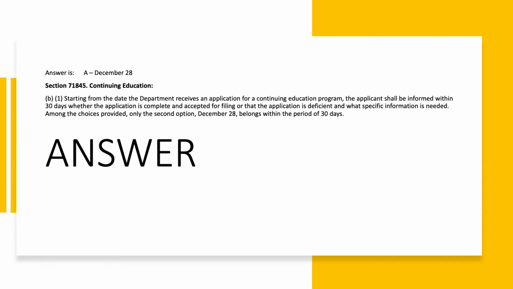Under B1, starting from the date the department receives an application for a continuing education program, the applicant shall be informed within 30 days whether the application is complete and accepted for filing, or that the application is deficient, and what specific information is needed. Among the choices provided, only the second option, December 28th, belongs within the 30-day period. So that is why we're selecting December 28th.